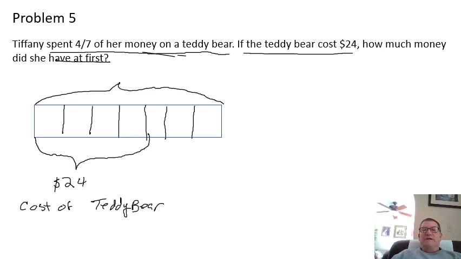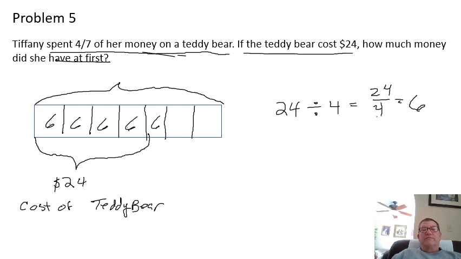Well, I can see by this that $24 is divided into 1, 2, 3, 4 sections, because there's 4/7. So that would equal 24 divided by 4. And I know 24 divided by 4 is 6. So I know each one of these would be 6. So if I'm looking for how much money she had at first, I know this is 6 times, and I've got 1, 2, 3, 4, 5, 6, 7.